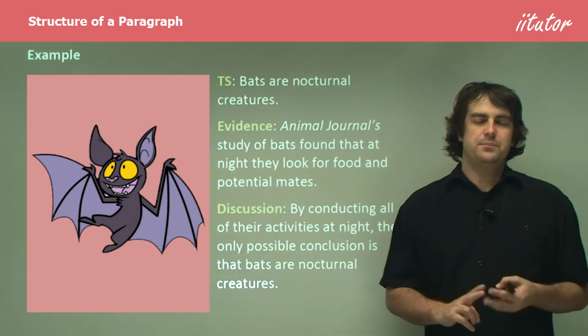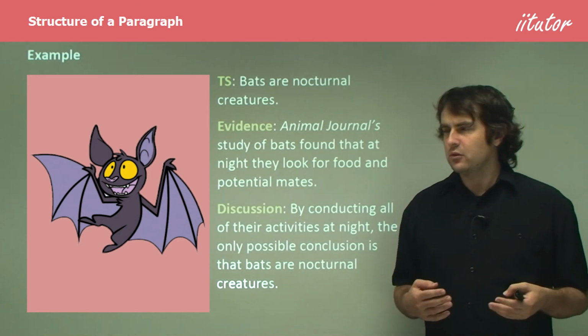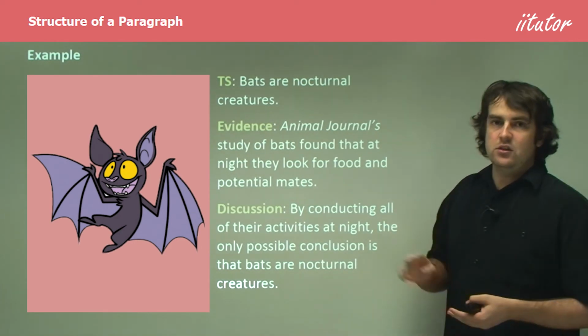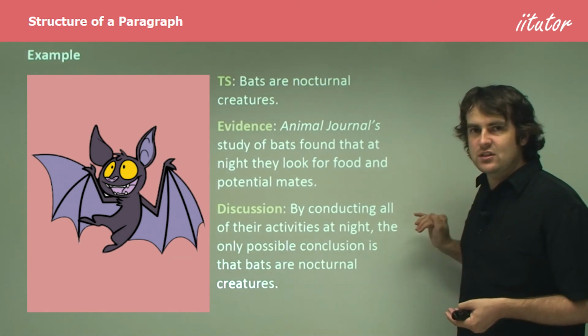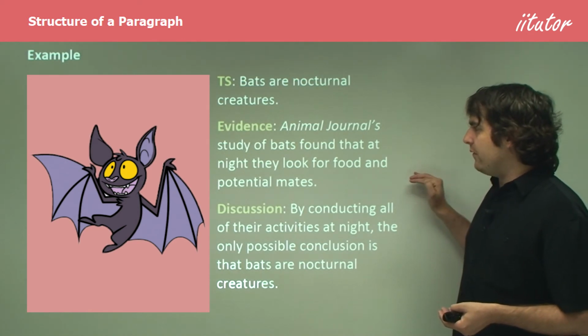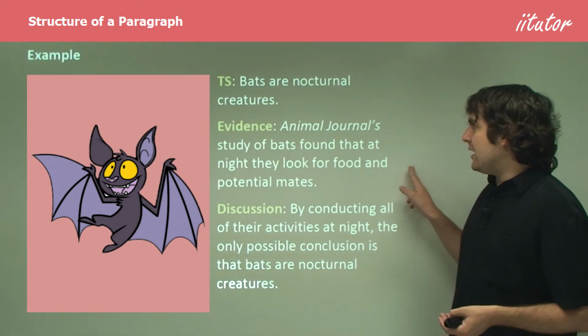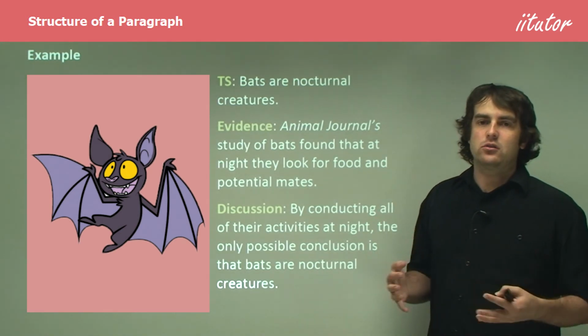Now, this may be a very simple example, but it's still just as effective as virtually any other you'll come across. Nice simple topic sentence, you go straight into your evidence that proves your topic sentence correct, and then you're discussing exactly in complete detail why your evidence is correct, not just assuming that because of the fact that they look for food and potential mates at night, they are nocturnal creatures.